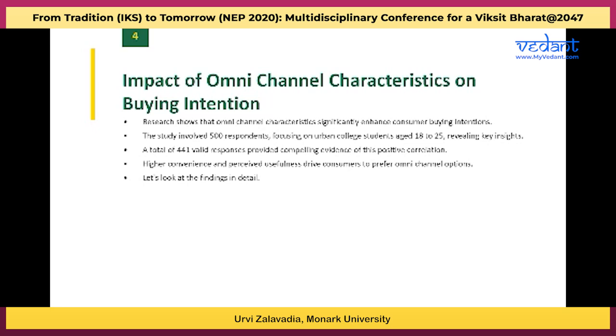Our study involved 500 respondents, focusing on urban college students aged 18 to 25. A total of 441 valid responses provided compelling evidence of these positive correlations. Higher convenience and perceived usefulness drive consumers to prefer omni-channel options.